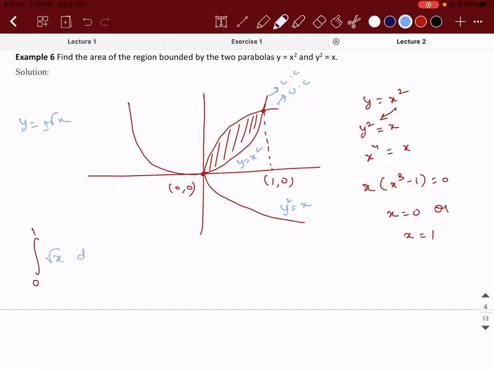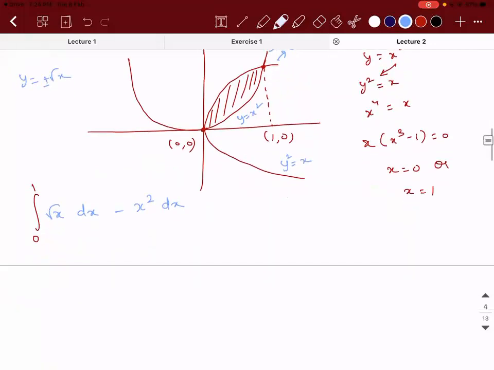So root x dx minus x square dx. Now, I hope you guys will be able to solve this. Yes, sir. So this is how you solve. If you observe what is the challenging part in it, it is drawing the proper graph and finding the points of intersection.